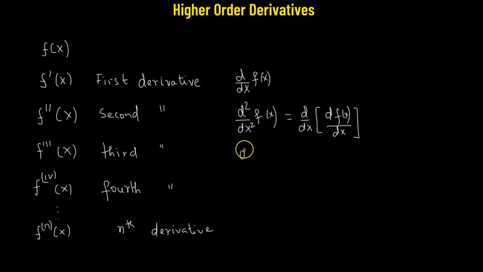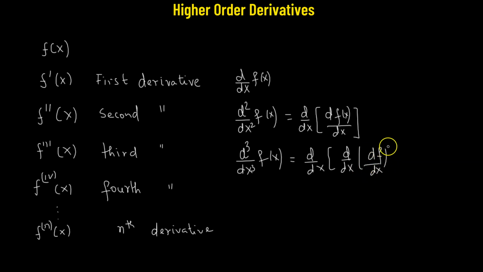So the third derivative will be d cubed over dx cubed of f(x), which simply means we take the derivative of d squared f over dx squared. The fourth derivative will then be d^4 over dx^4 of f(x), and similarly the nth order derivative will be d^n over dx^n of f(x).